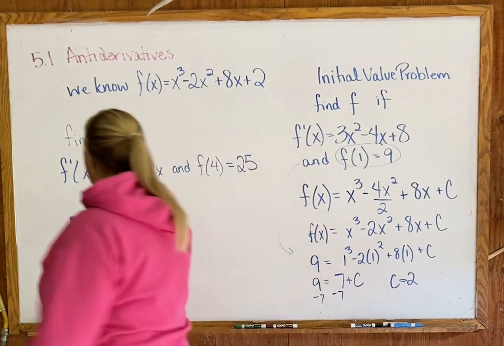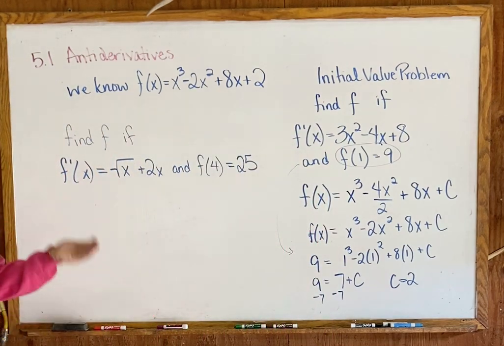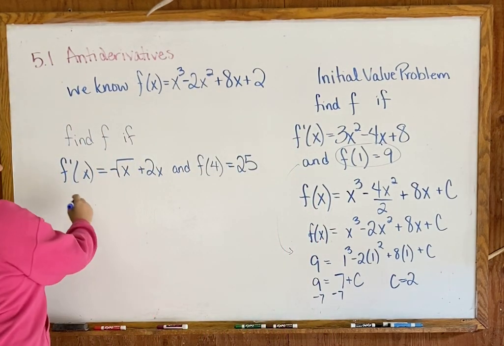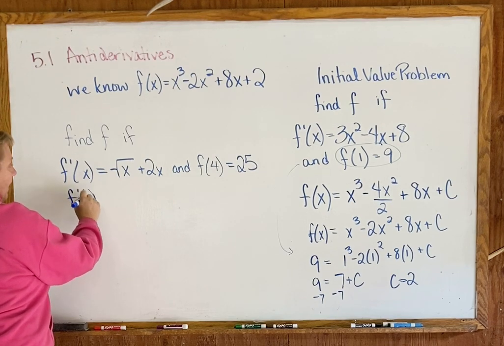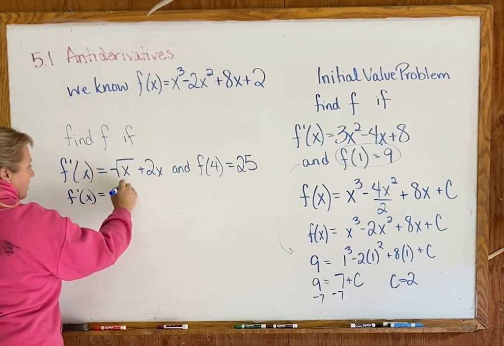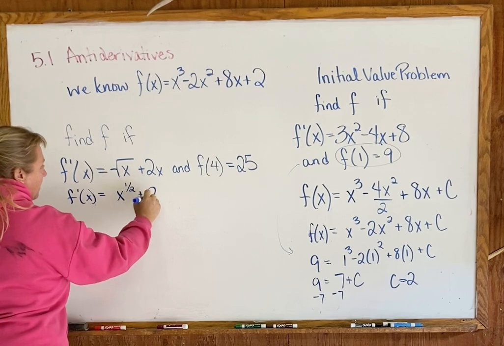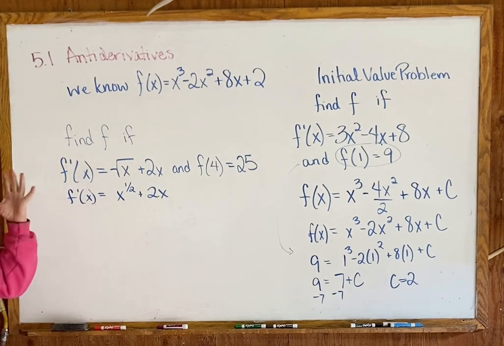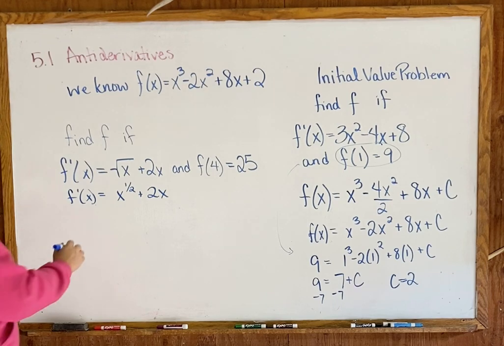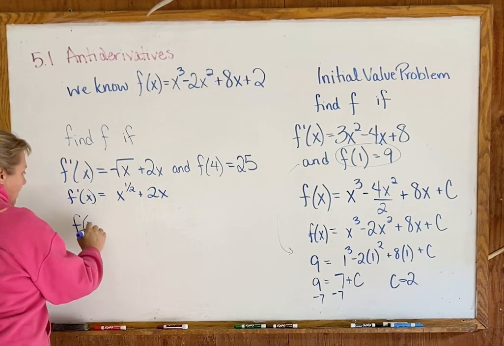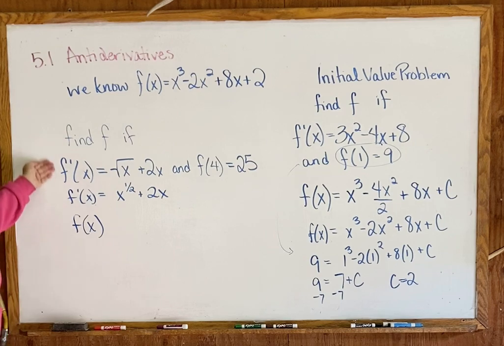So first we've got the derivative, and we want to find the antiderivative. So first thing I'm going to do again is rewrite. And then remember, we're going backwards. We're finding the antiderivative. Okay, so f of x. Make sure you give it your labels. The labels are very important because they tell me when you're doing what.